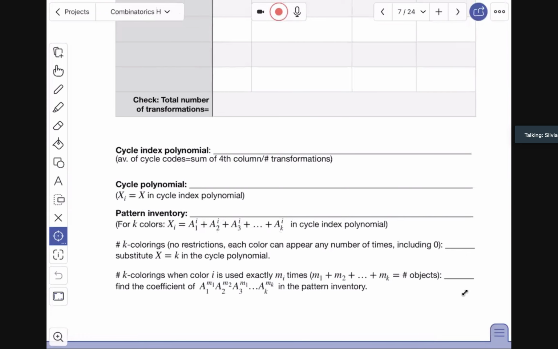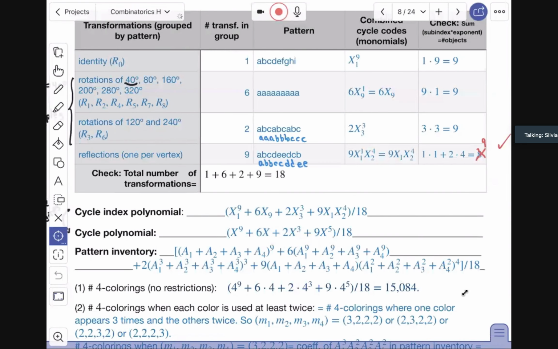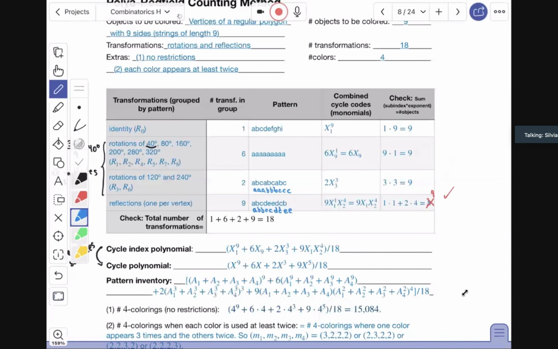Okay, so let me go back to my example. In my example, I was asked to work with 4 colors, right? So for the pattern inventory, because this is 4, I'm going to use A1, A2, A3, and A4, because it's 4 colors.